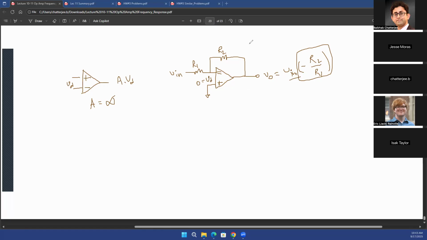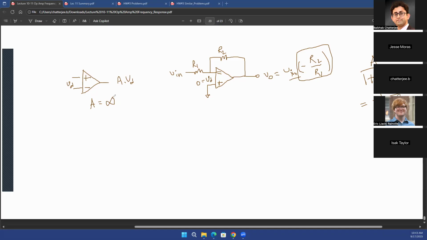On the other hand, in this case, with feedback you apply the formula A divided by 1 plus A beta, where A is the feed forward path gain and beta is the feedback path gain. Now, even if your A is infinitely large, let's say you divide your numerator and denominator by A. So you have 1 in the numerator and, in the denominator, 1 over A plus beta.